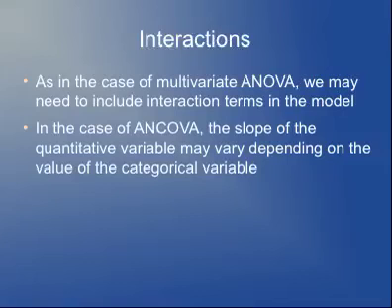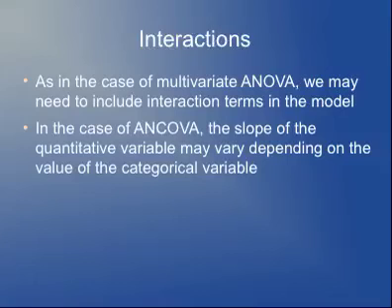In the tooth growth example, maybe the slope is different if you're in the ascorbic acid group than if you're in the orange juice group, and the model we've considered thus far assumes that only the intercept changes from group to group.